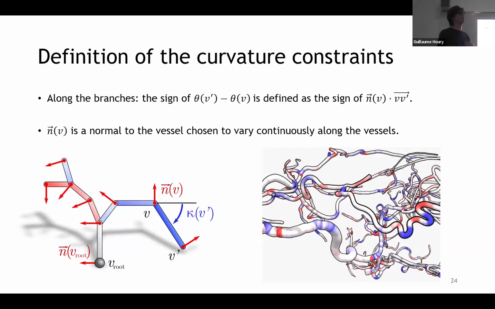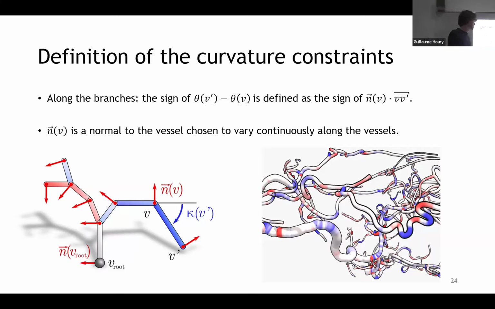And then by transporting it continuously along the curve, we'll have a notion of local orientation of the normal space that we can use as left-right, to define in which sense, the left or the right, the embedding should bend in the 2D space.